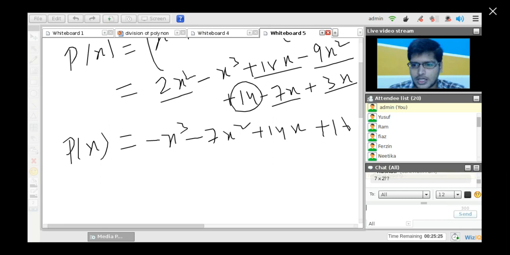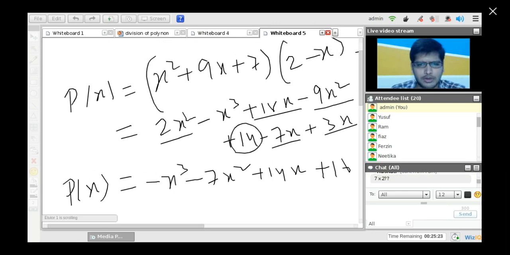Okay. It should be 4x. Which one are you talking about? It should be 4x, 7 into 2, Rushat is saying. Let me see. 7 into 2 is 14. Yes, 7 into 2 is 14 and minus 7x. What is wrong, Akshat? 18x minus 7x. Okay, is it 7x squared?